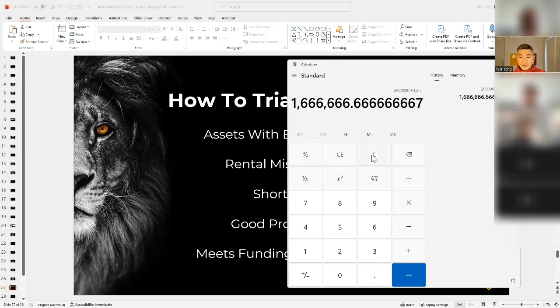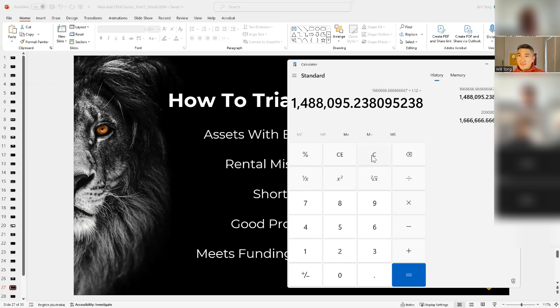So then what I do is I divide that again by 1.12, which is 112%, where 100% of it is the purchase price. And then I'm accounting for stamp duty, closing costs, and leasing costs. That is the price that I'm able to pay for the property.